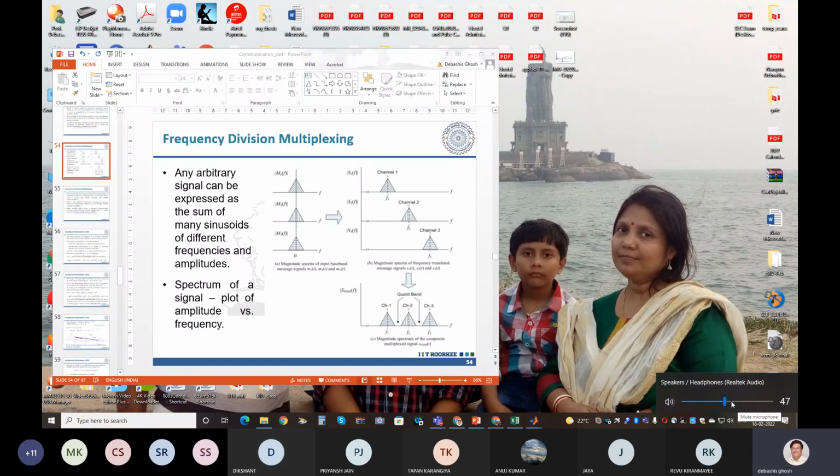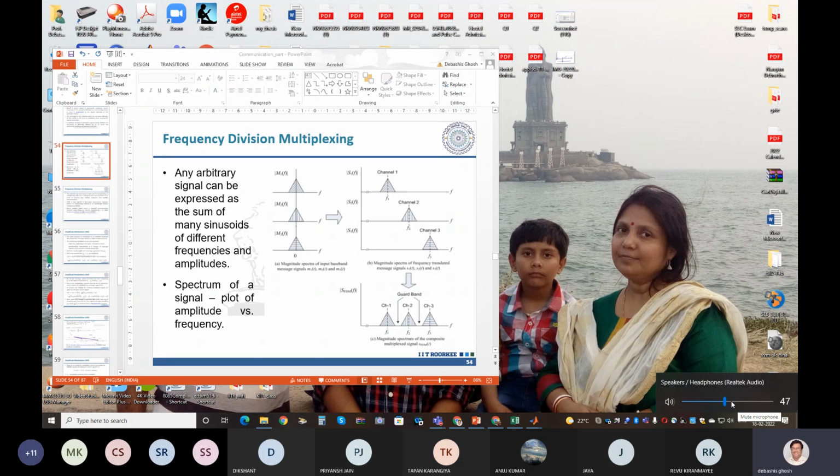Why? No, they don't interfere. They will not interfere. These frequencies will always be propagating at two different wavelengths, no? Two different frequencies, so they don't mix up. The radio frequencies don't mix up. That is the beauty of electromagnetic waves.